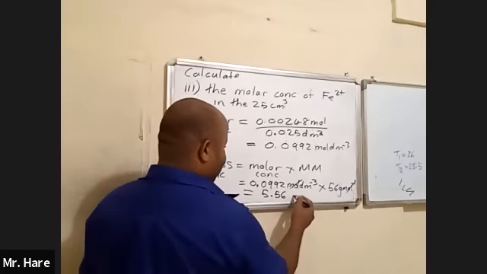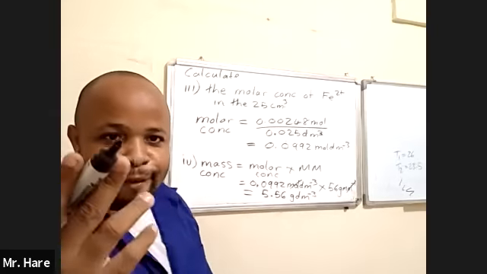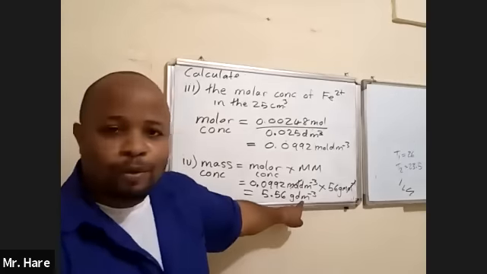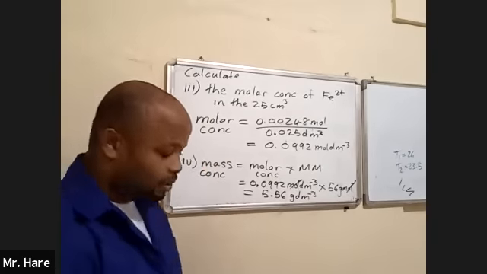Hold on. When I realize this, what do I realize here? It is the same thing we got, right? 5.56 grams per dm³. The mass of Fe2+ in the 1 dm³, how much was that? 5.56, right? Yes, sir. Exactly. So it could have come in this format as well.